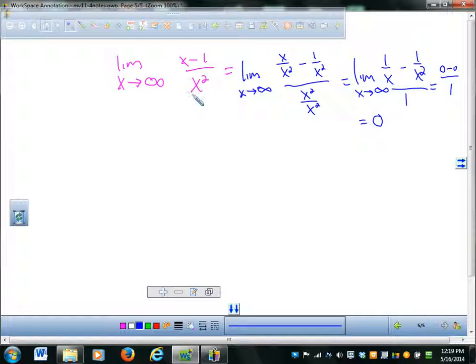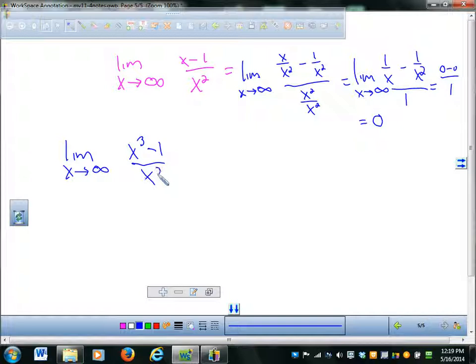Yeah, the answer isn't always 0. So let's just look at the next one. What if I have the limit as x goes to infinity of something like x cubed minus 1 over x squared?